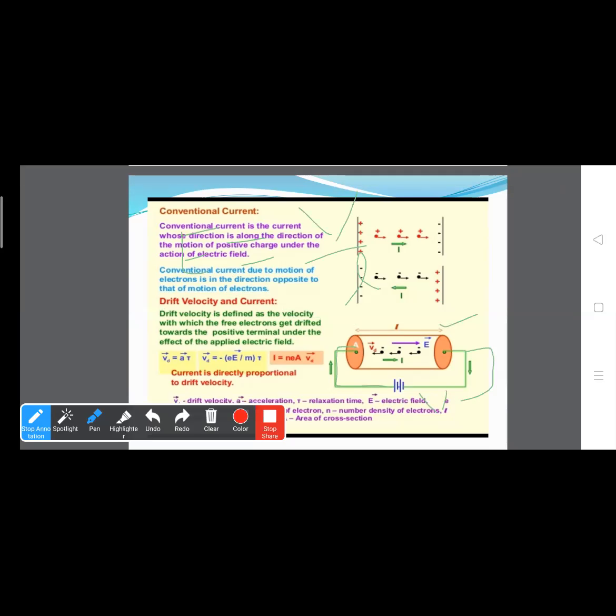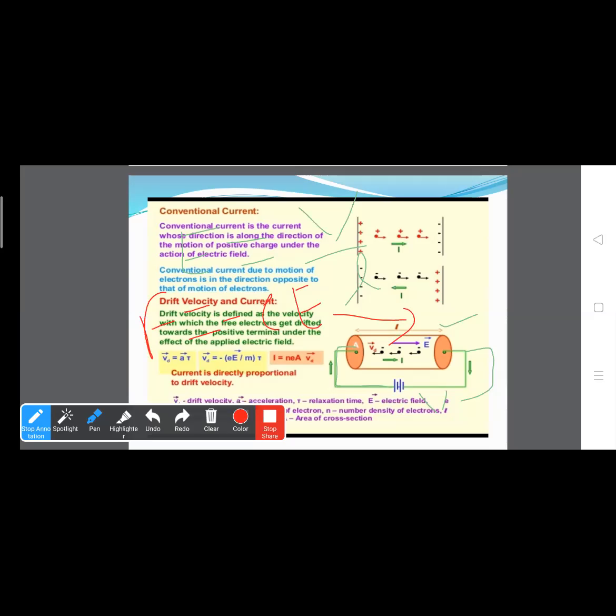The direction of the electric field is from the positive to the negative end of the conductor, in this direction, right? Since the charge on an electron is e, the force it experiences is given by F = -eE. Clear? Here the negative sign shows that the direction of the force is opposite to the direction of the electric field.